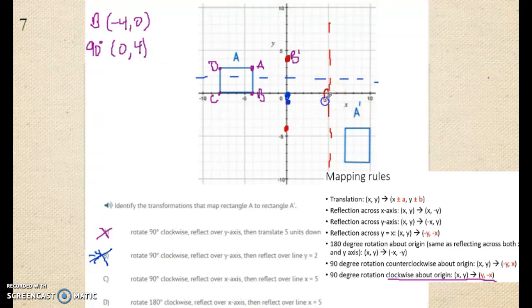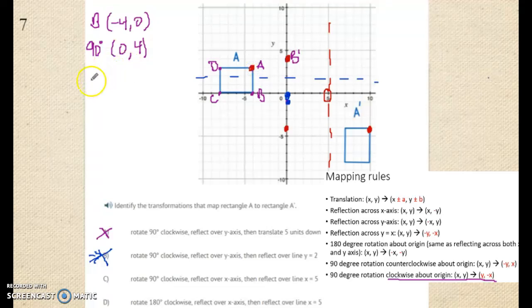You want to draw a line that goes through 5 on the x-axis. So if I count to that line, I'm 1, 2, 3, 4, 5 away. So I would want to go 1, 2, 3, 4, 5 in the other direction. And that does line up. So I'm thinking that is probably the answer, but I'm going to check at least one more point.